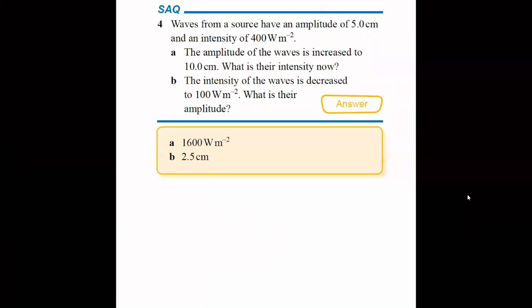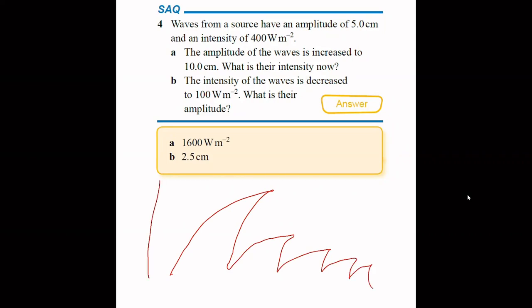So if you have a water wave like this, you could measure the amplitude, and then you could work out the intensity of the wave based on its amplitude. And what we're saying is that the intensity decreases with the square of the decrease of the amplitude. So a wave that is half as small as another wave doesn't have half the intensity, it has a quarter of the intensity.